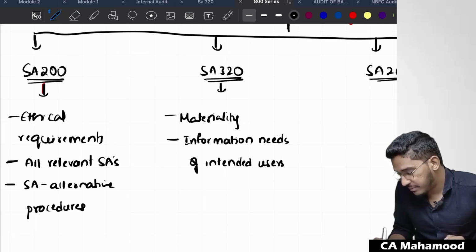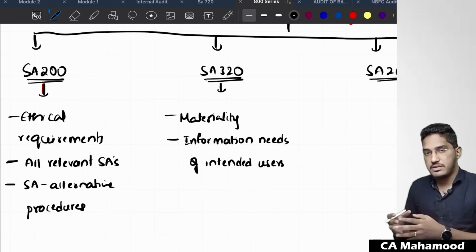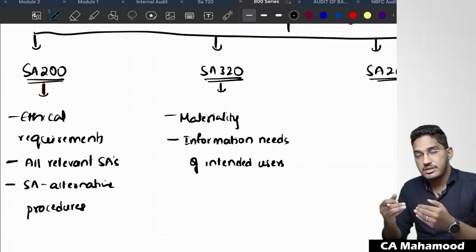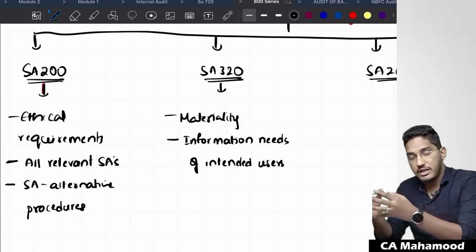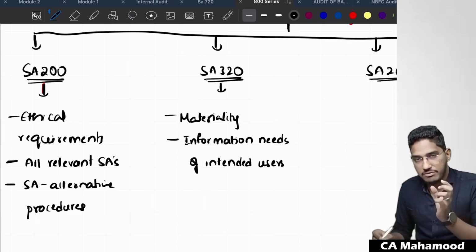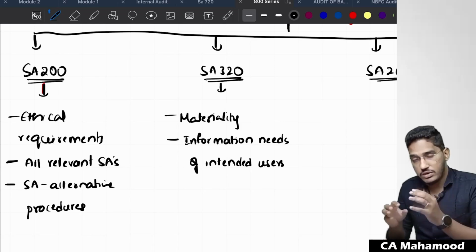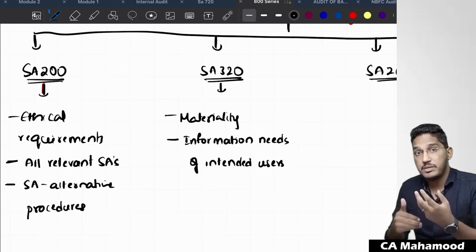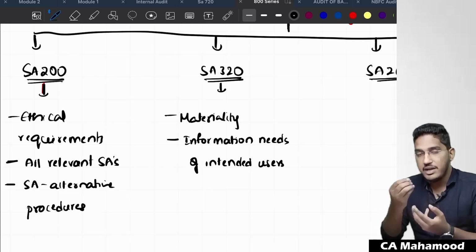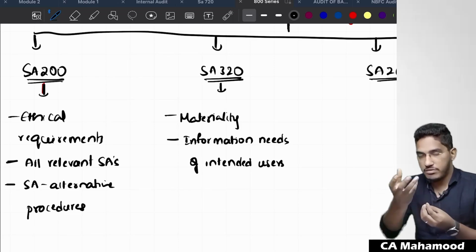For example, if I am conducting audit of cash basis financial statements, here the intended user will be the banker. So I have to consider the information needs of the banker and determine for the banker what is material, what is not material. If I'm conducting audit of financial statements prepared for the purpose of purchase acquisition, for determining purchase consideration, there the intended user will be the buyer of my company.